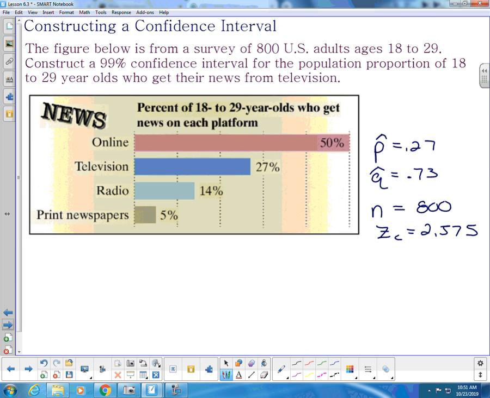I don't believe it. Yes, sir. We're back to the Z-chart.